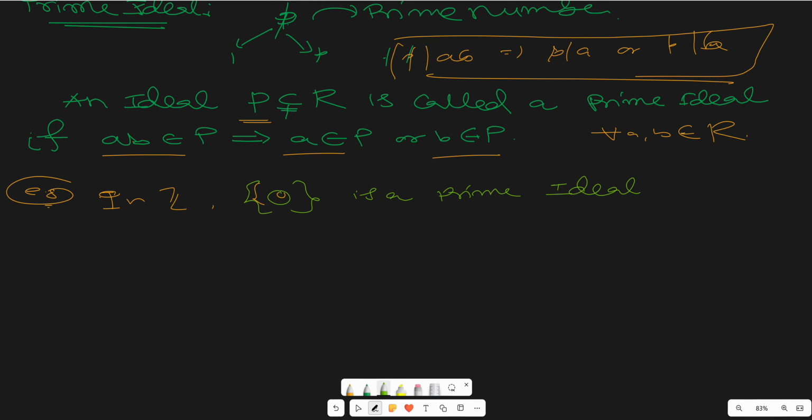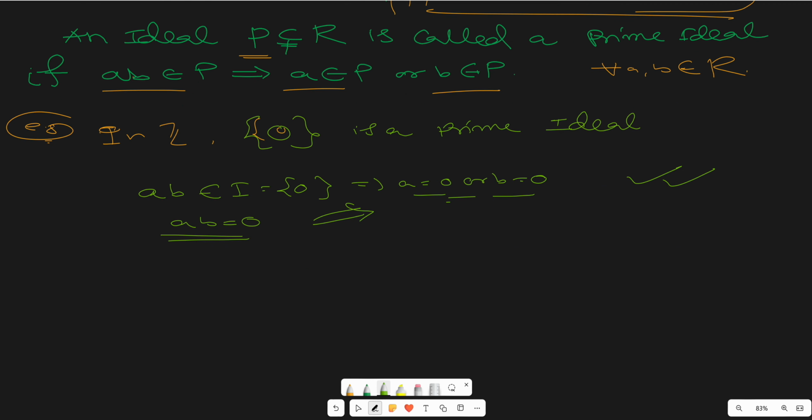Why is 0 a prime ideal? Because you take any elements A and B, and AB inside I means AB equals 0. This implies that either A equals 0 or B equals 0, right?